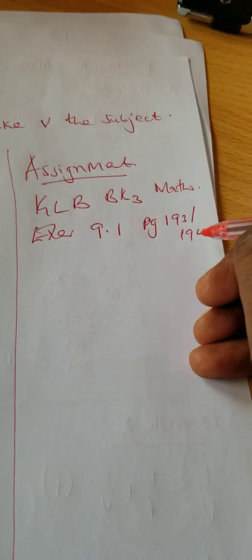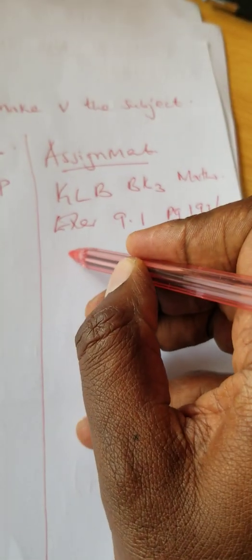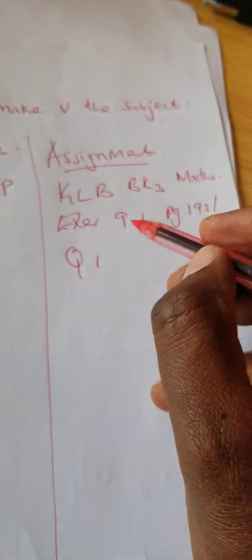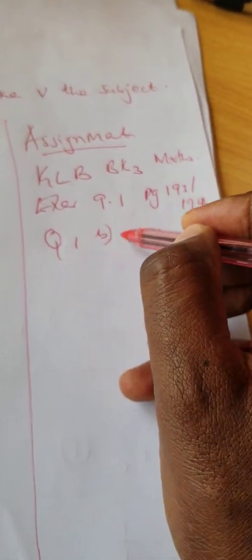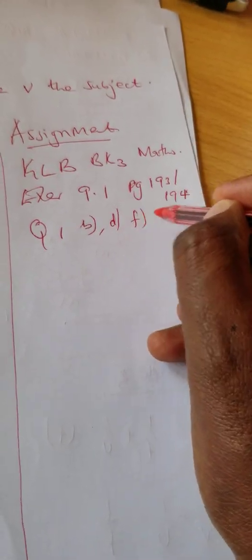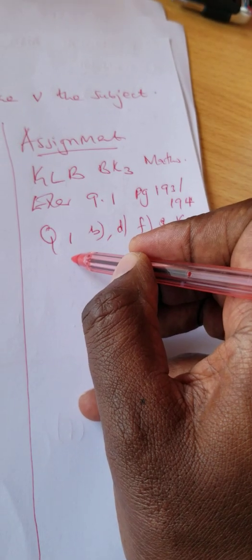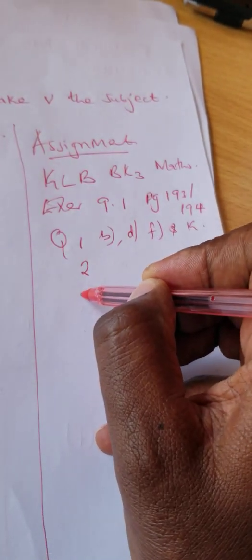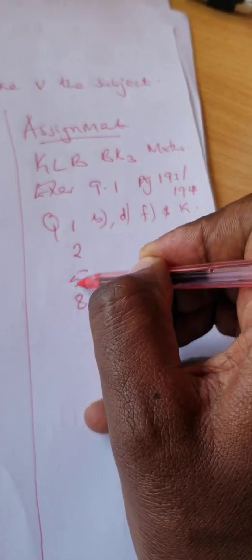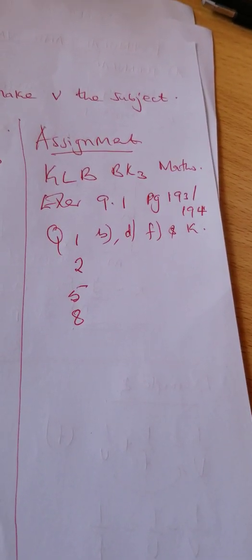You can check the pages depending on which edition you are using. I would like you to do question 1, part b, part d, part f, and part k. Then I would like you to do question 2, question 5, and question 8. Those are 7 questions for today's assignment.